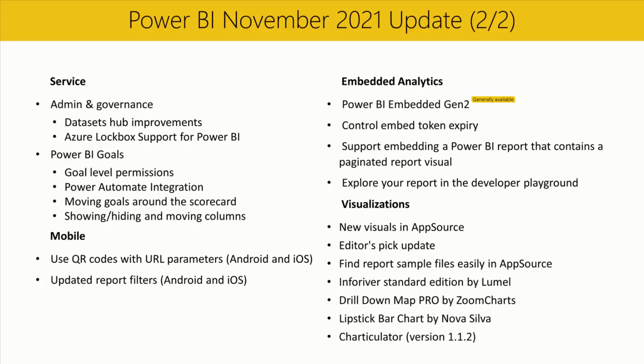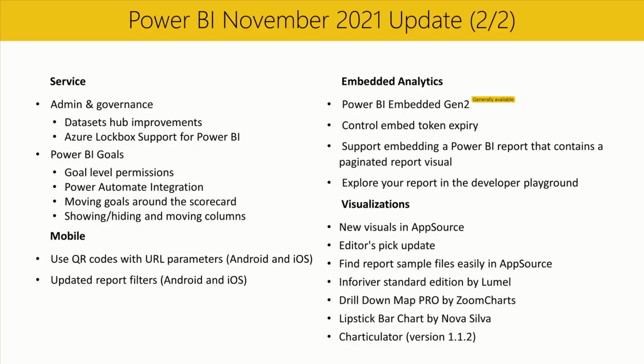Updated visuals include the Info River Standard Edition visual by Lumel, the Drill Down Map Pro by Zoom Charts, the Lipstick Bar Chart by Nova Silver, and my personal favourite, the Charticulator visual. Please note, our editor's picks are moving to a quarterly cadence, so be sure to look out for our highlight visuals in the February update.